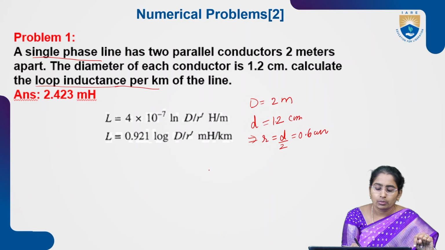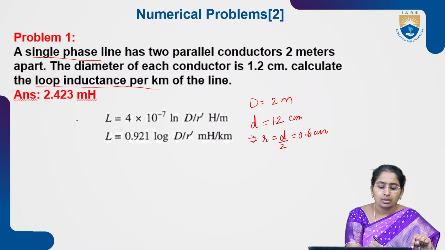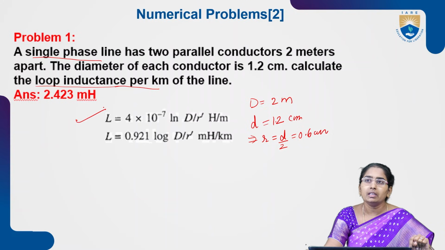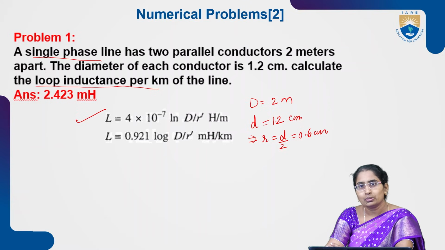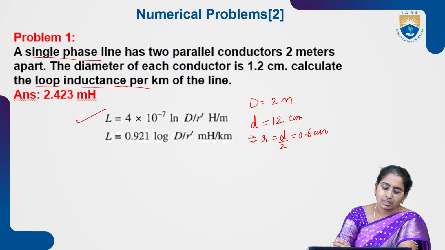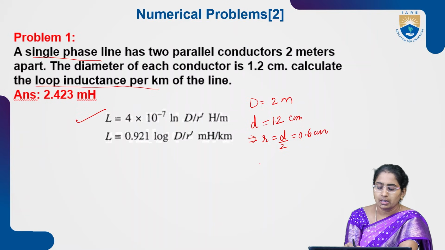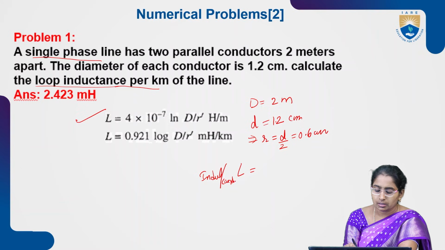So we know, what is the inductance expression for the transmission line? The inductance per conductor is L equal to 2 into 10 power minus 7 log base e D by R dash, in Henries per meter.